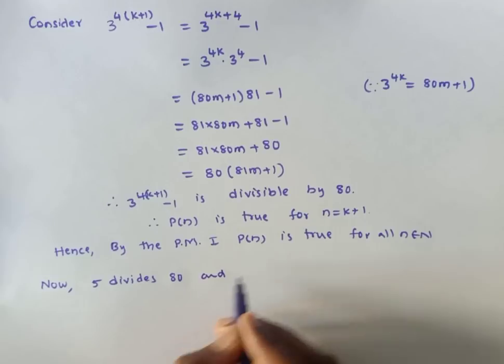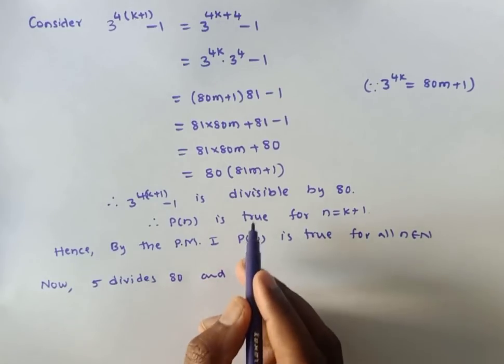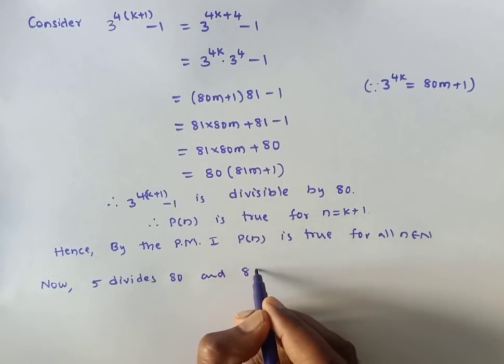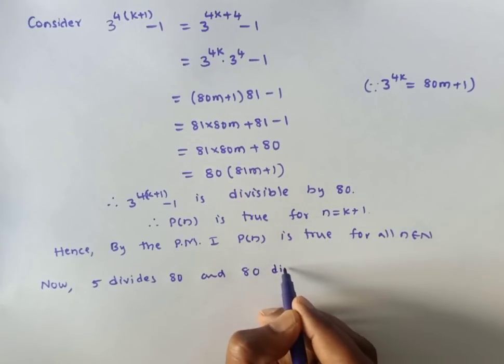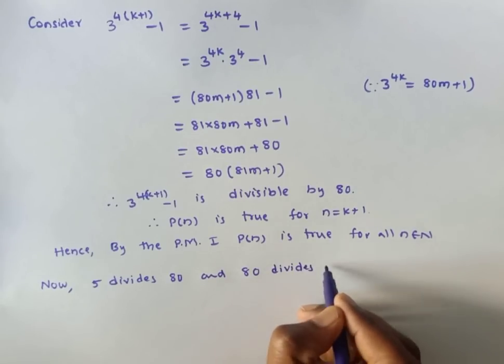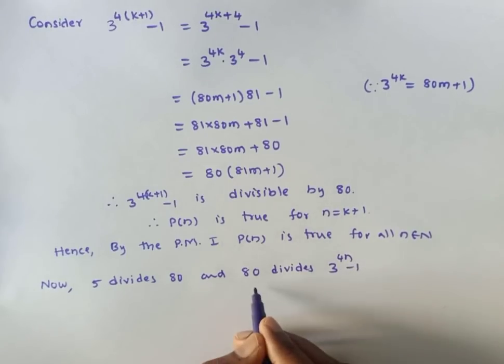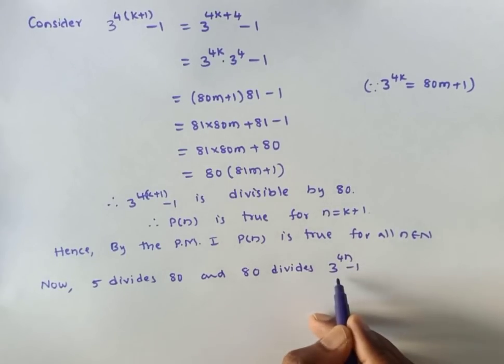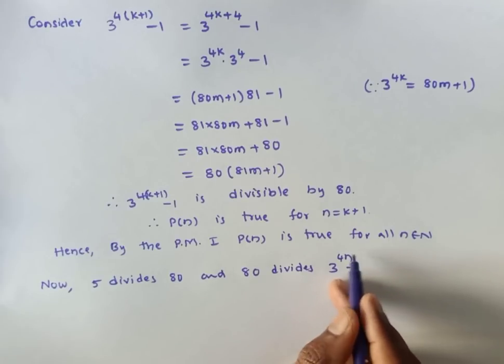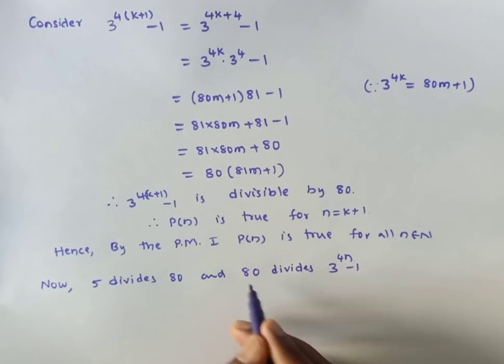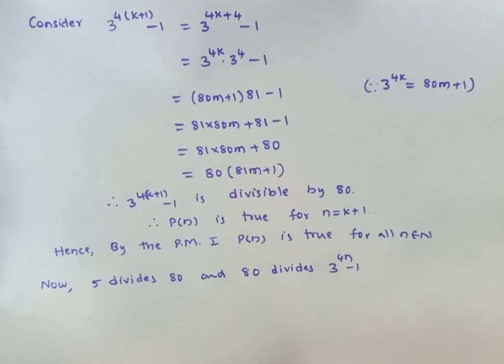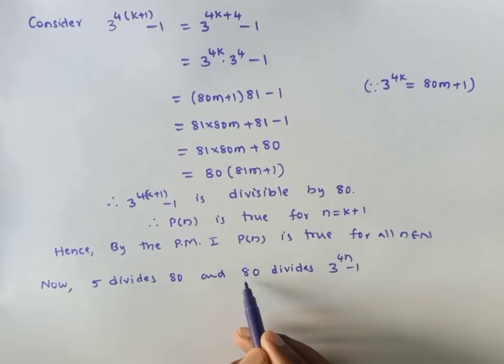Already we have one statement, P of n is divisible by 80. So 80 divides 3 to the power of 4n minus 1, which is given. So here 80 is divisible by 5 and this number is divisible by 80.